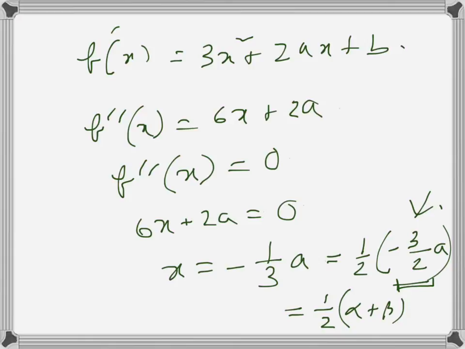But we also have to show that this is actually a point of inflection. To do that, we have to check whether the sign of the second derivative changes going from the left to the right of the point. A point of inflection is where the curvature changes.